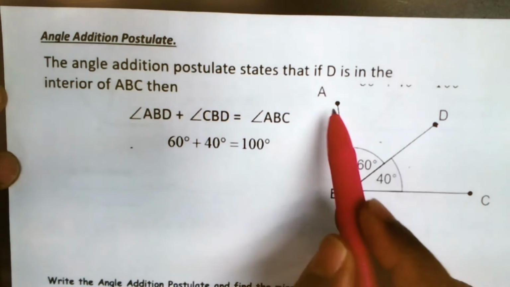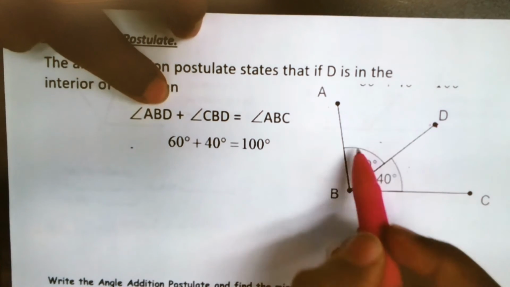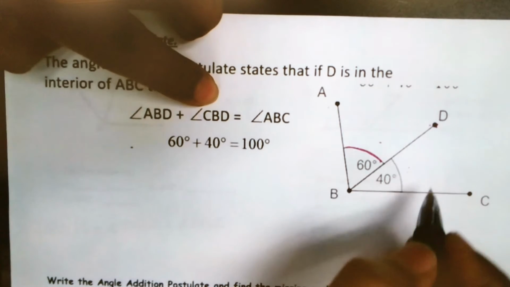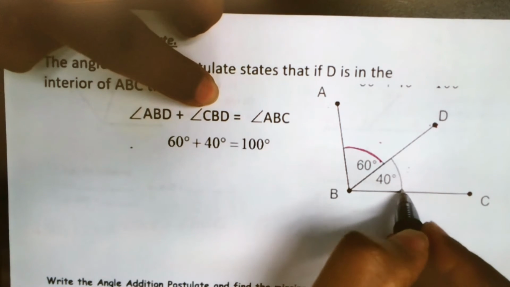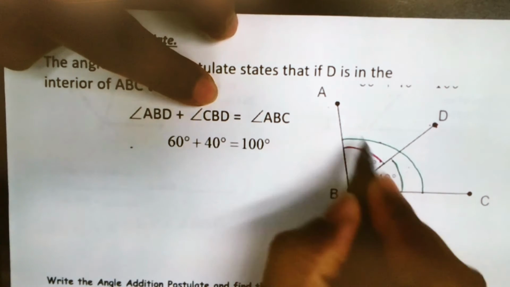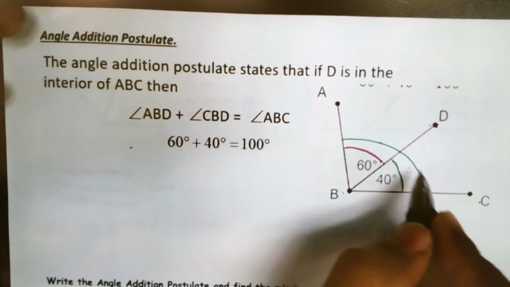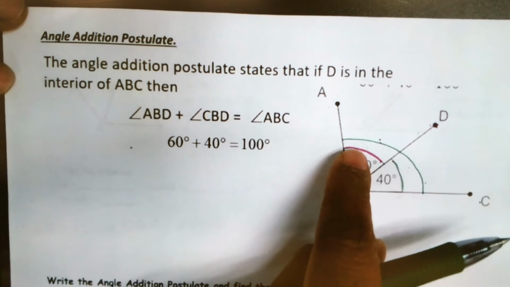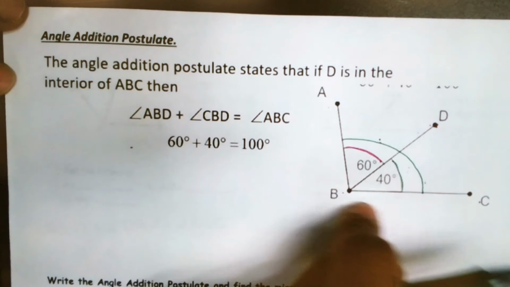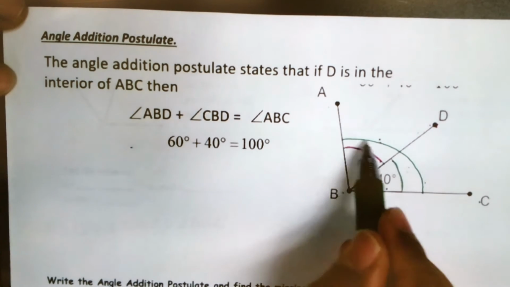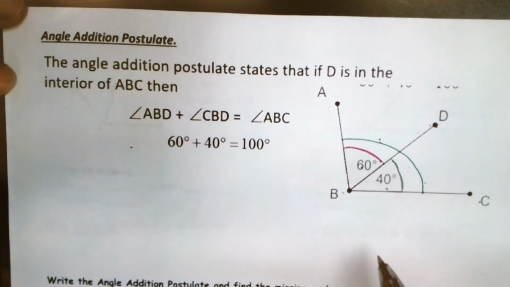I can say the first angle ABD and the second angle CBD together make the big angle ABC. So if you add both adjacent angles, you get the bigger one. If this angle is 60 and this angle is 40, the measure of the big angle ABC is 100 degrees.